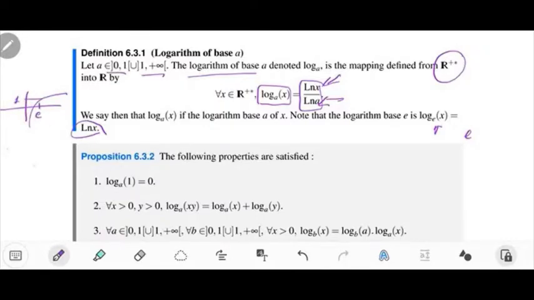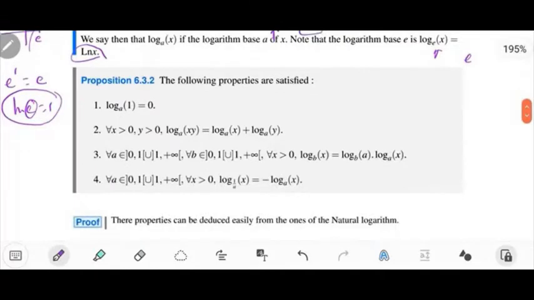And this number e is, of course, the image of 1 by the exponential function. So e^1 is equal to e. So this number satisfies ln of e is equal to 1. So if you take this number e as the base for this function, you will have ln of x over ln of e, which is equal to ln of x over 1, then it's ln of x.